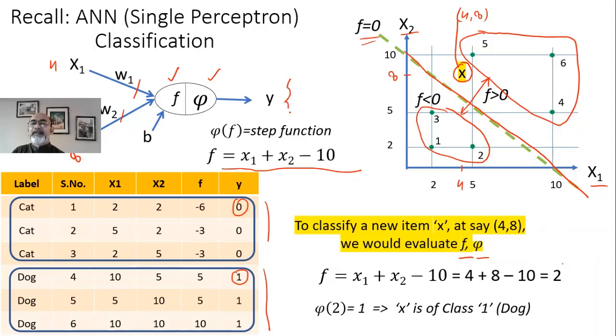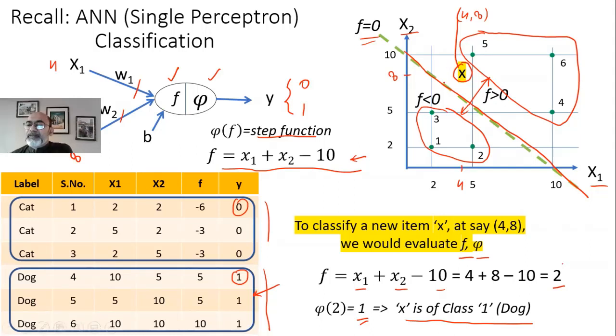If Y comes out to be 0, it's a cat. If it's 1, it would be classified as a dog. So let's just do the math. We take X1 plus X2 minus 10, which is the equation of the line that we had found, and it comes out to be plus 2. Then phi is a step function, so phi of 2 is clearly a 1, in which case the class would be that of a dog.